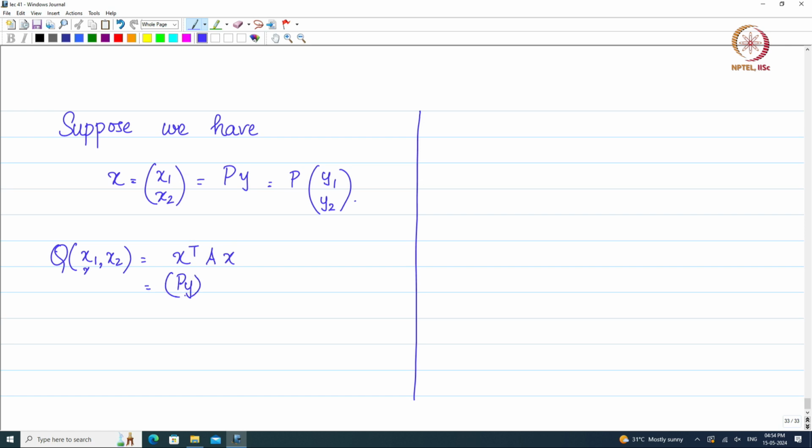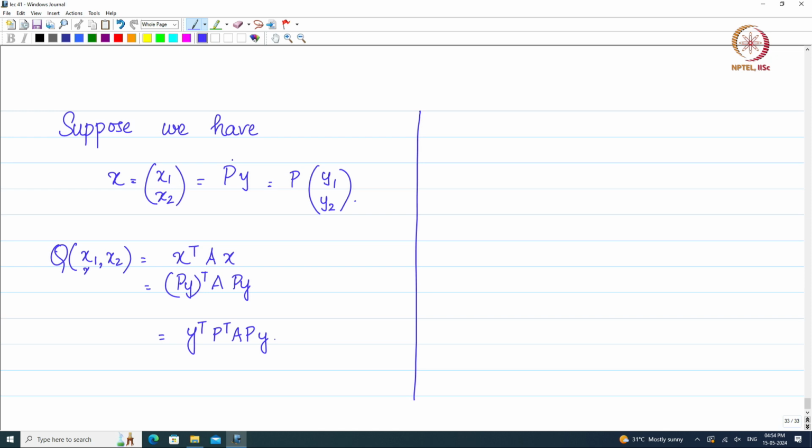So, I am going to put this as (P y) transpose A (P y). So, this is nothing but y transpose P transpose A P y, right.